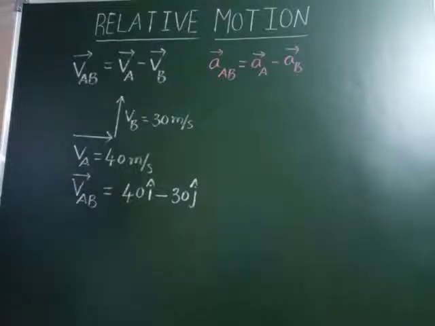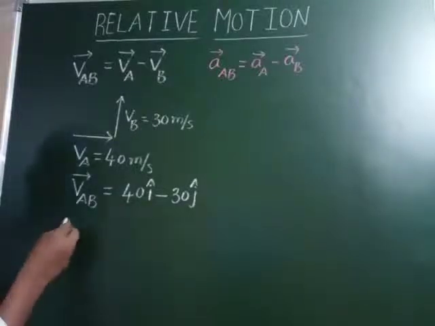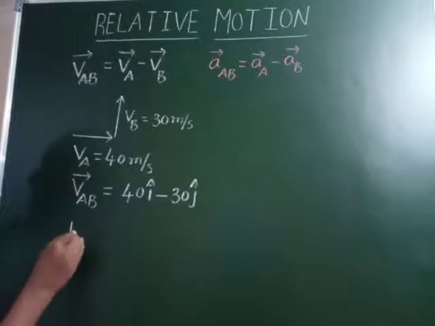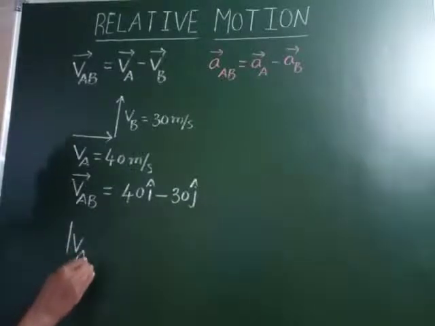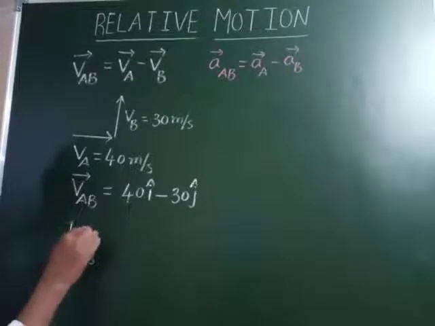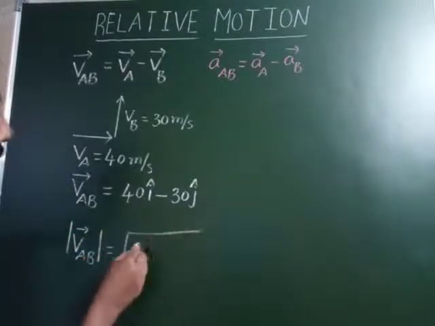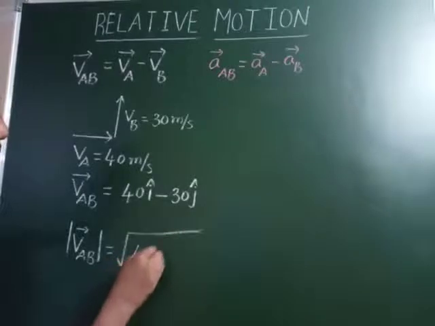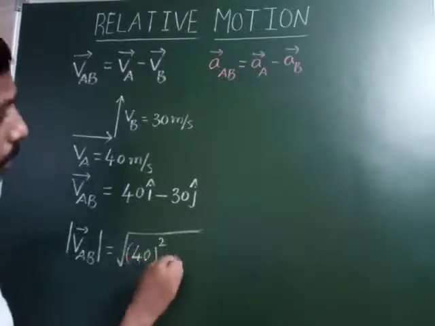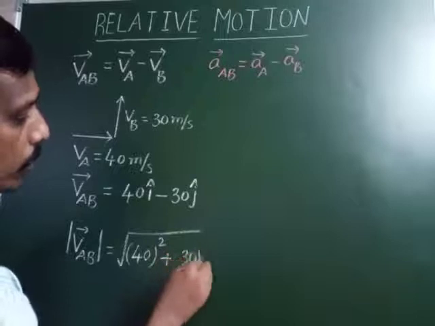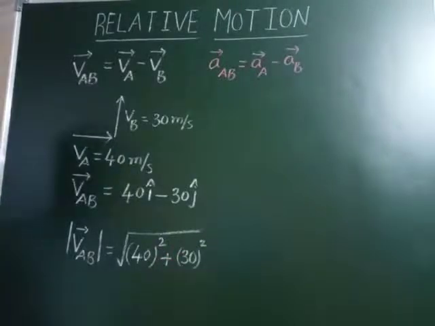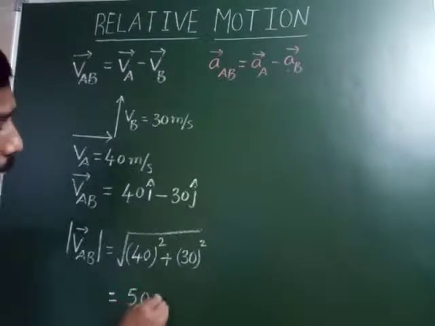But we want the magnitude of velocity of A with respect to B. Magnitude is equal to square root of 40 squared plus 30 squared, which is square root of 2500. If you simplify, you get 50 meter per second.